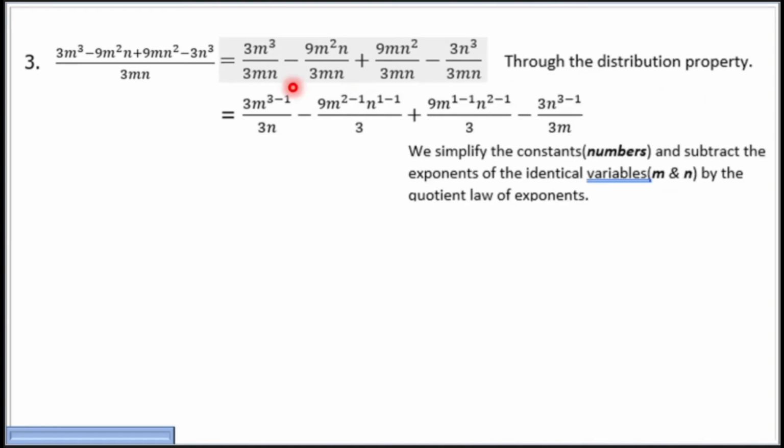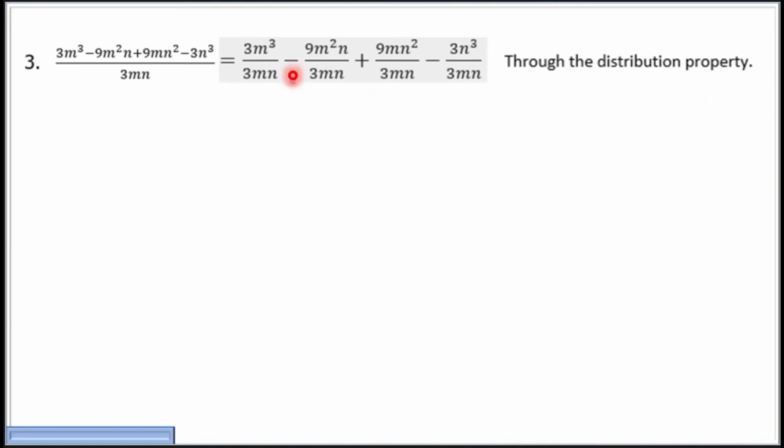Next, i-subtract na pud nato. So asa may mas dako nga exponent, 3m cubed or m raised to the power of 1. So simply 3 cubed. Wala may n diri sa babaw, pabilin si n diha sa ubos. Diri 2 ug 1 gyapon. Parehas man na sila, ari gyapon sa babaw.